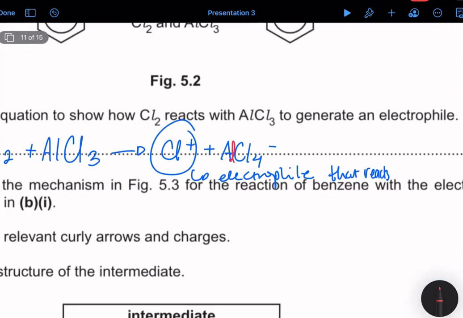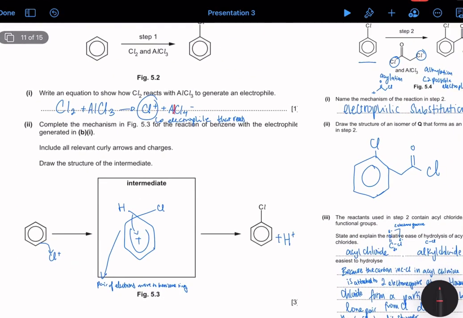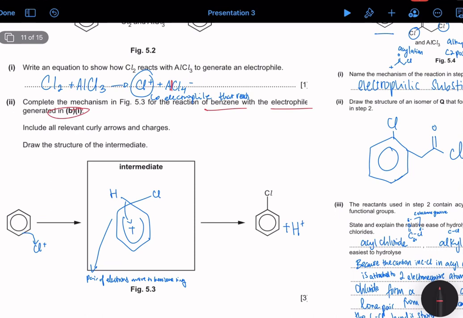It's not ACl, it's AlCl4-. Question ii. Complete the mechanism in figure 5.3 for the reaction of benzene with the electrophile generated in b(i). Include all the relevant curly arrows and charges. First we have the electrons towards your electrophile.